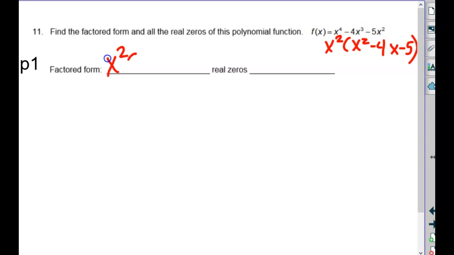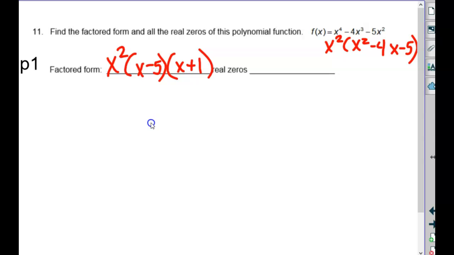So I have x squared, and then how does x squared minus 4x minus 5 factor? Okay, x squared minus 5x plus 1x would be negative 4x, and negative 5 on the back is right.